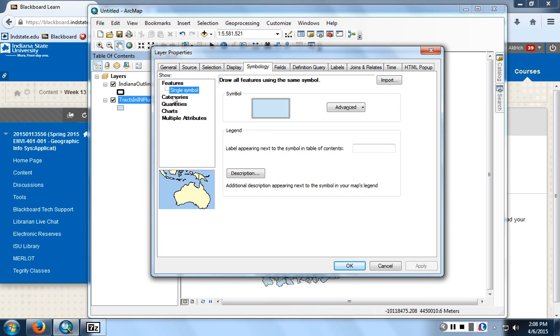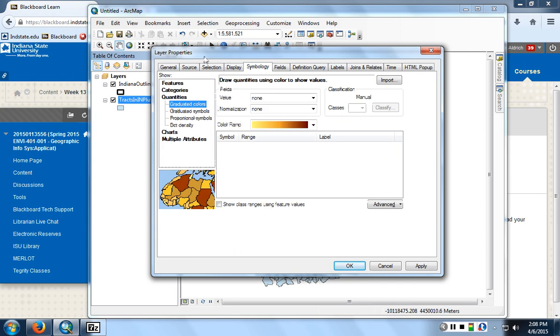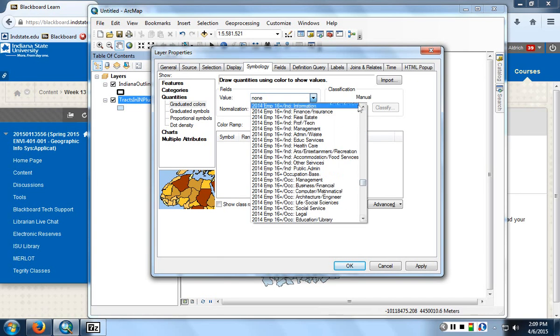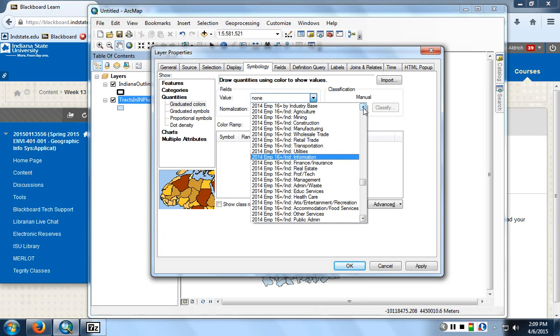So we might go to quantities, not categories, in the symbology tab of the layer properties dialog box, and switch the field that we're interested in to, I've got to scroll way down, here it is, employment 16 and up in, I don't know, what's an area that's interesting for employment? Jaleel, when you're done, where do you want to work when you graduate? In what sector of the economy?